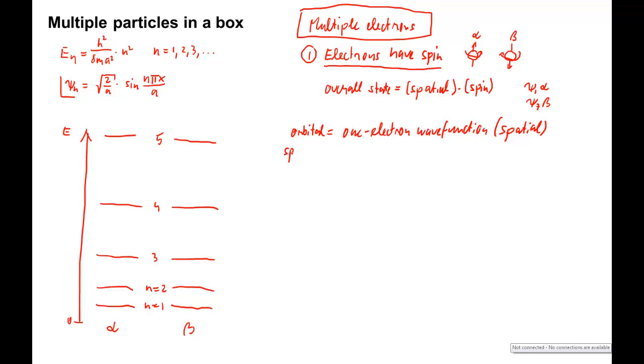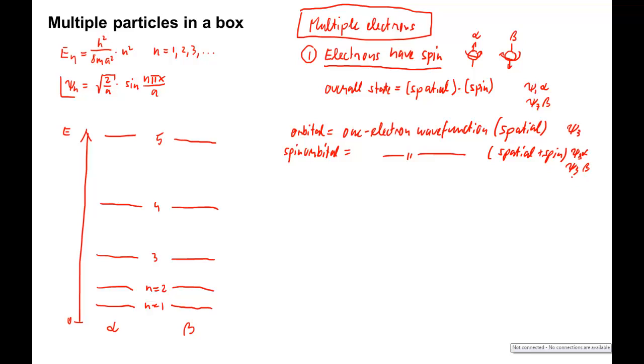A spin orbital, on the other hand, is a one-electron wave function that includes the spatial and the spin part. For example, an orbital would be described by just a function psi 3. A spin orbital would be psi 3 alpha or psi 3 beta.